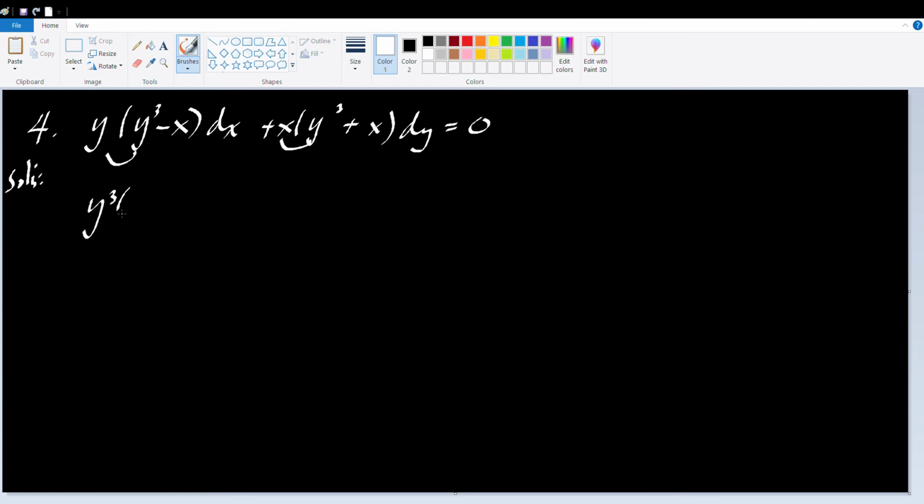We multiply y to y cubed dx and x to y cubed dy, and we factor y cubed. Factoring y cubed, that will be y cubed times (y dx plus x dy).